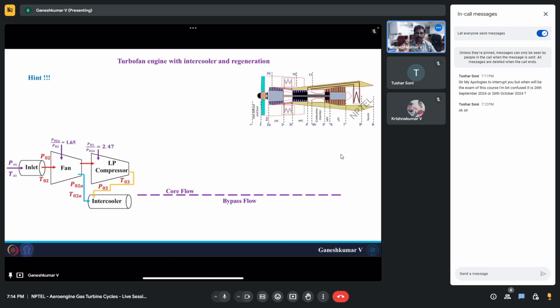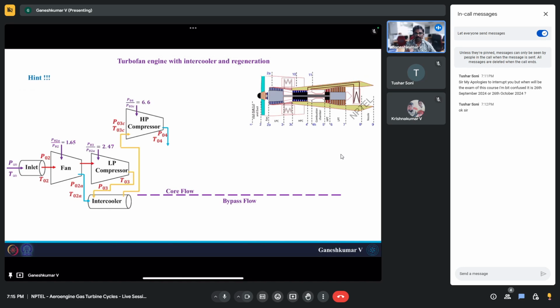The core stream comes out as a core stream but with a different temperature because of the exchange in heat. It comes out with P03C and T03C, with which it enters the high pressure compressor. At the high pressure compressor we know the pressure ratio, so from there you can find pressure and temperature at the exit of the compressor.